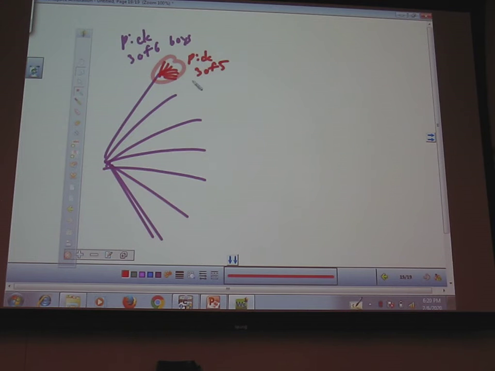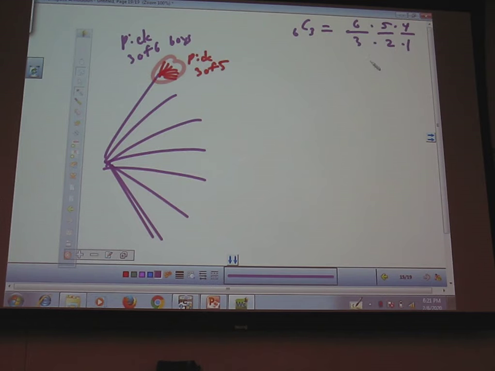How many? If there's 10 of these, how many groups of 10 are there going to be? 3 choose 6. Actually, what is 3 choose 6? So 3 choose 6 is going to be, sorry, my bad. 6 choose 3. Thank you. It's going to be 3 spots. 6 times 5 times 4 divided by 3 times 2 times 1.